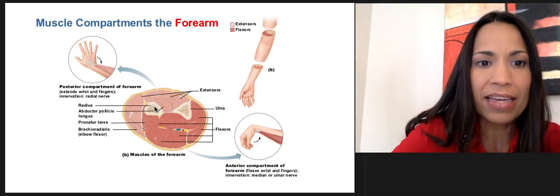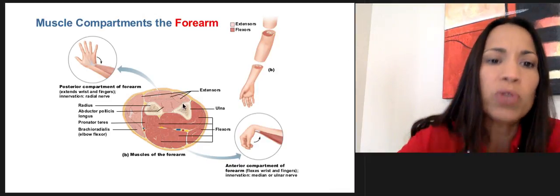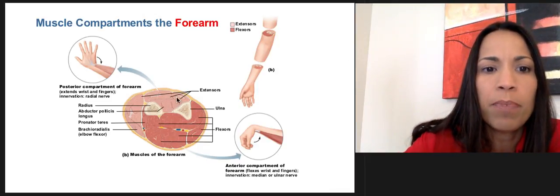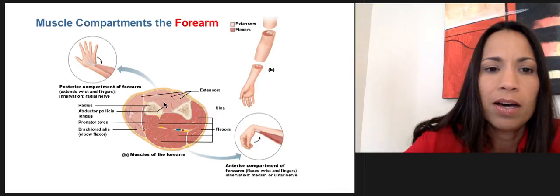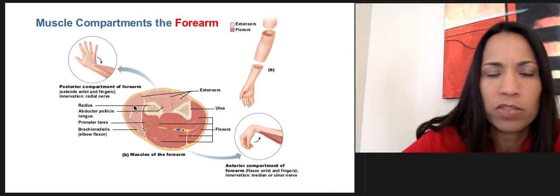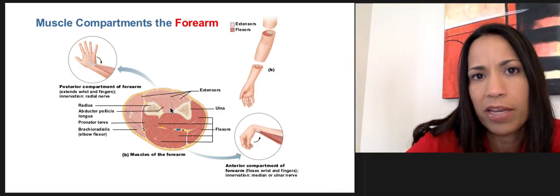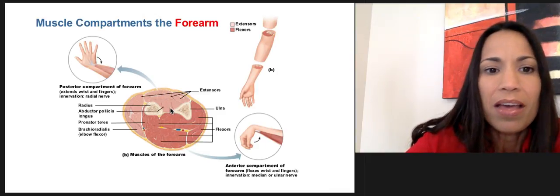And behind, or posterior, to those bones, we are going to find the posterior compartment of the forearm, and again they are subdivided into superficial and deep. Superficial is closer to the skin, and the deep layer is closer to the bones.